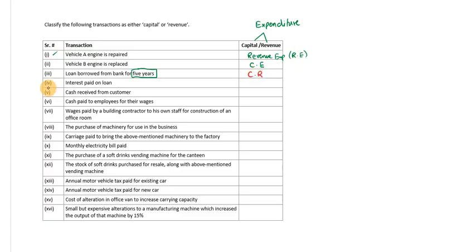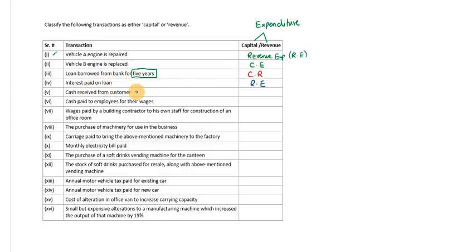Okay. Fourth one, interest paid on loan. The loan which we took from the bank for 5 years, and we paid interest on the loan. So will interest on loan be revenue expenditure or capital expenditure? Revenue expenditure. Well done. Fifth, cash received from customer.